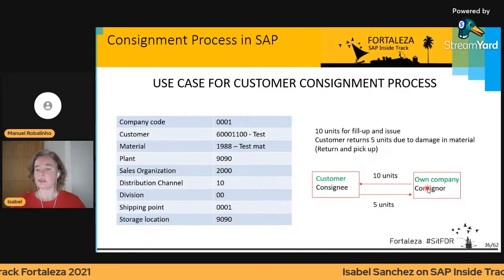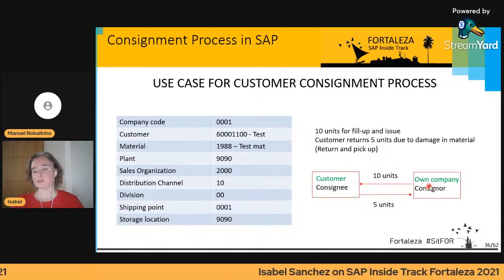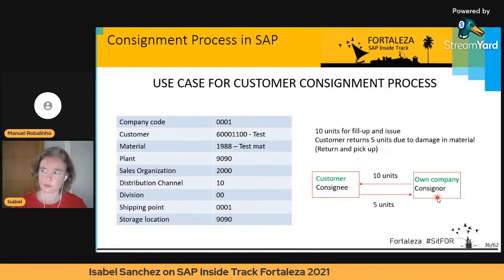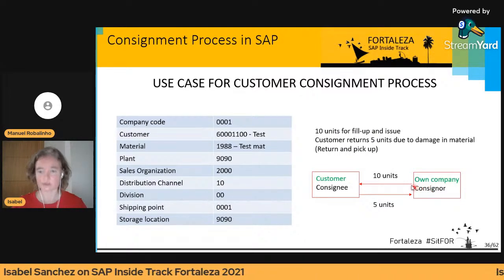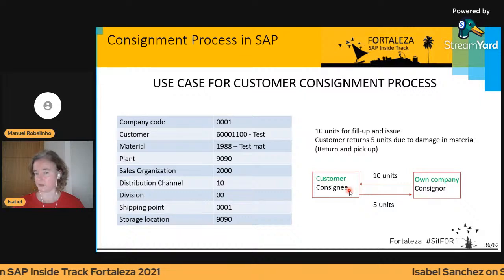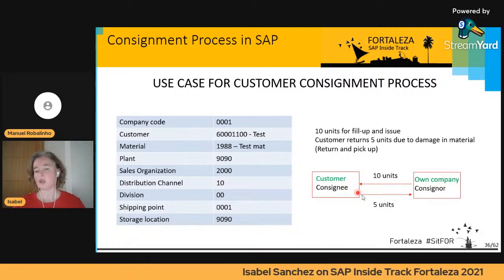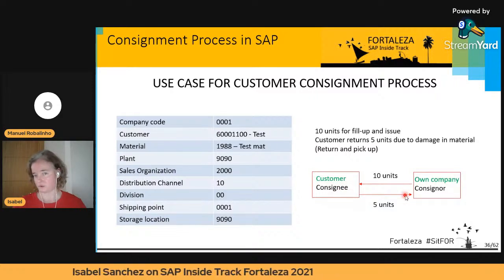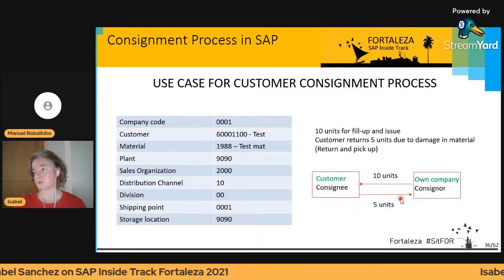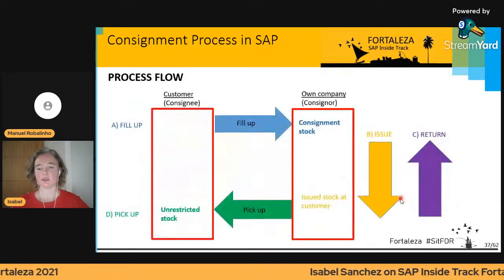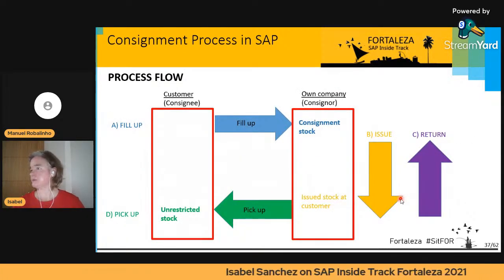In this case, as I told you before, our own company is the consignor, which sends the units to the consignee, the customer, and the consignee returns 5 units that we have to pick up, and we will see the effects later in stock.